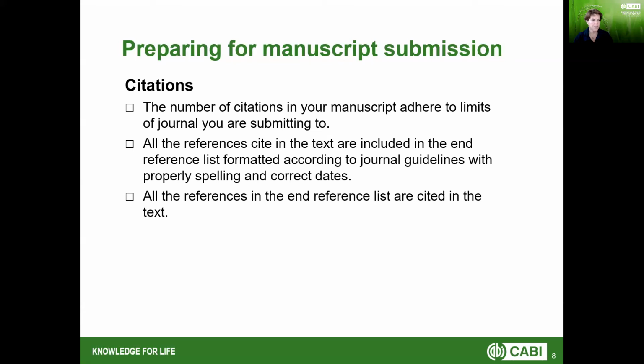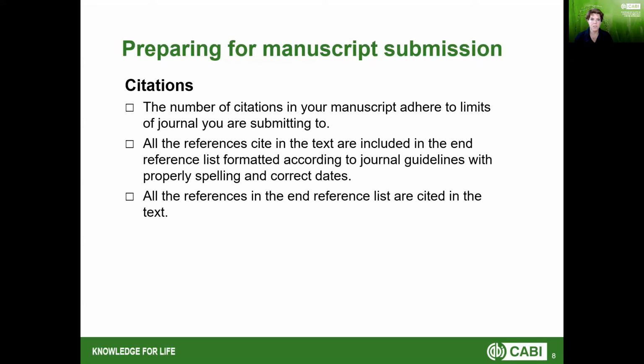So make sure that not just that all the references in the text are in the reference list, but that all the references in the end reference list are in the text.